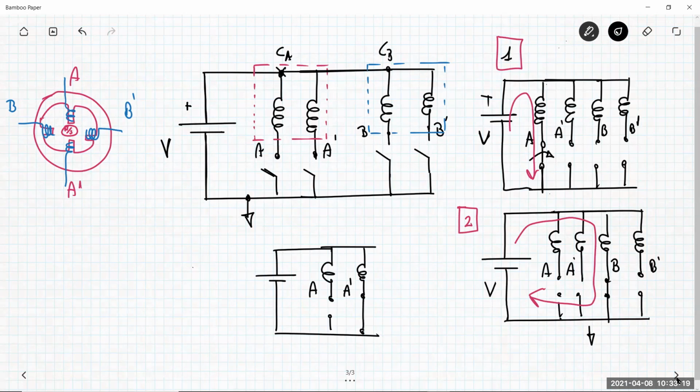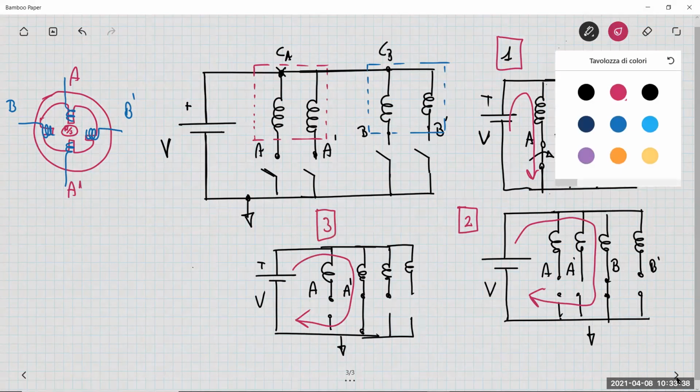A is left open, A prime is connected to ground, B is not energized. So the current flows here. And this is step number 3.